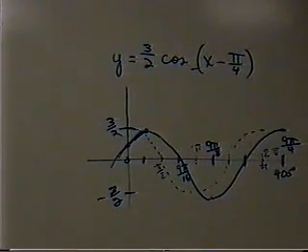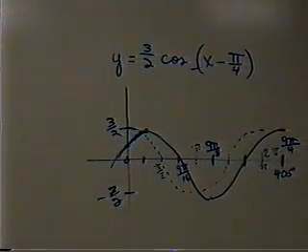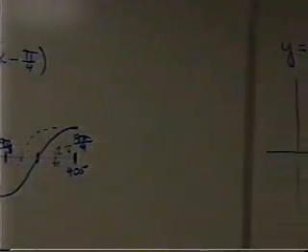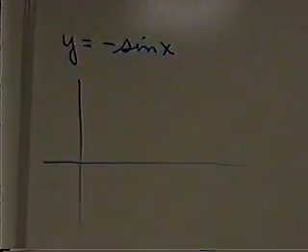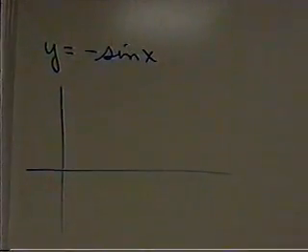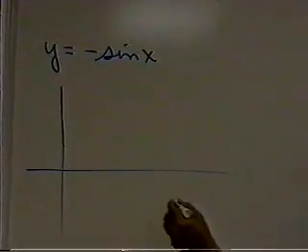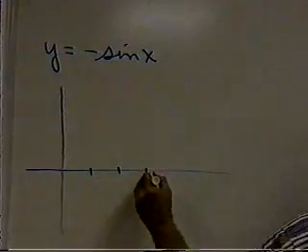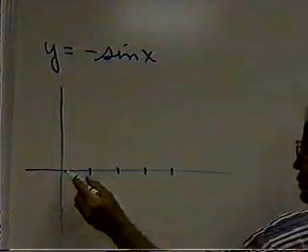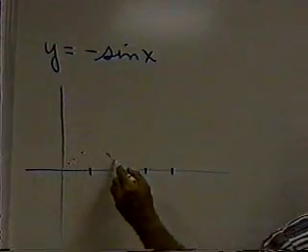All right, now the next thing is what happens if there is a minus in front of the curve? What happens to the graph if there's a minus? Well, here's all there is to that. It's a very simple concept. Let's go back and sketch 4 equal marks. Sine curve should look like this.